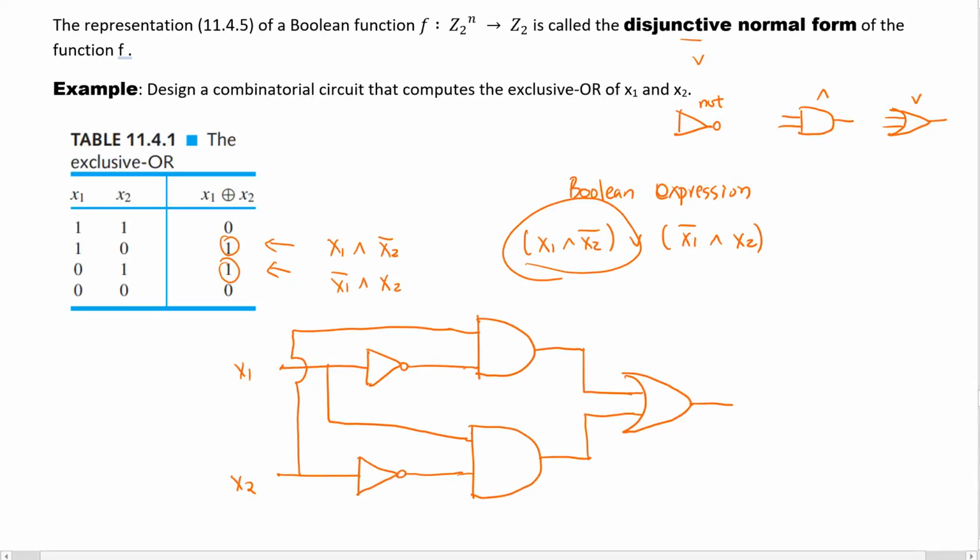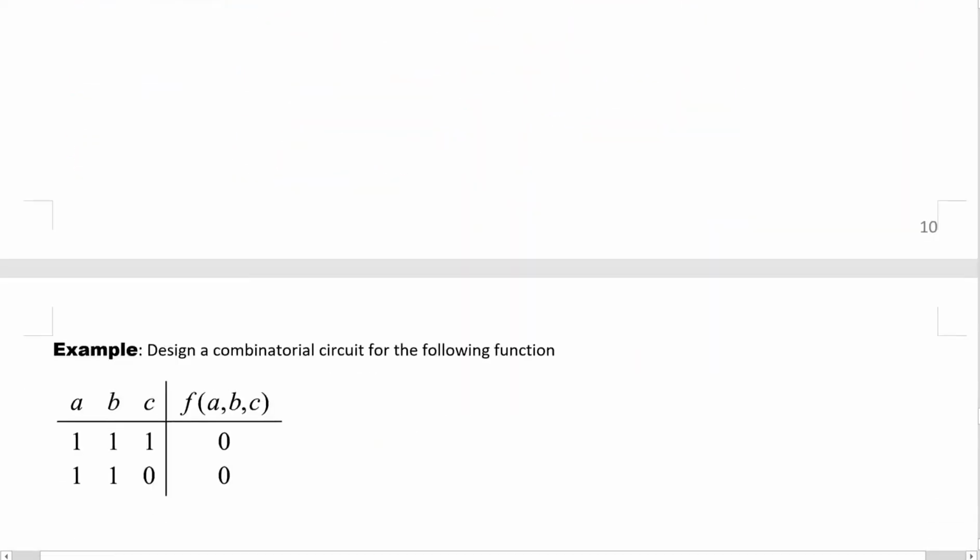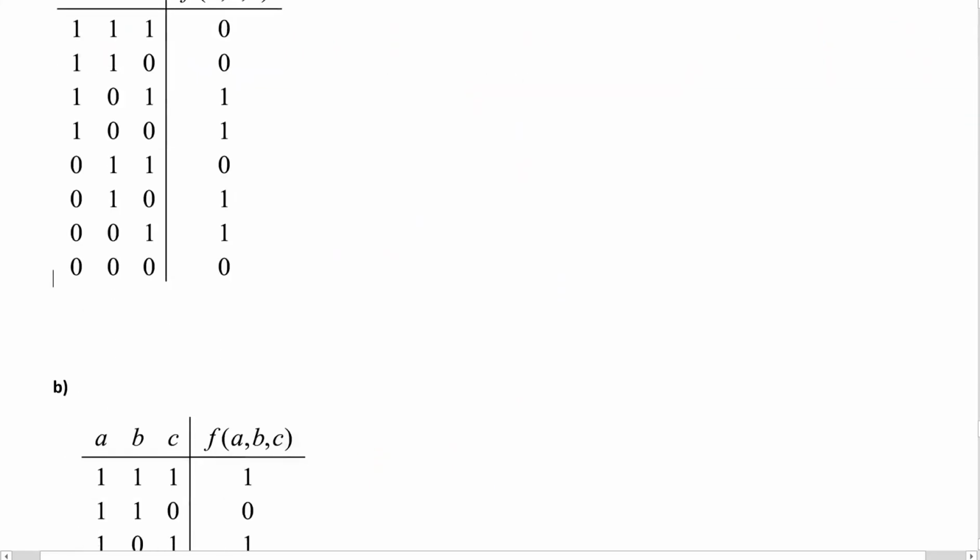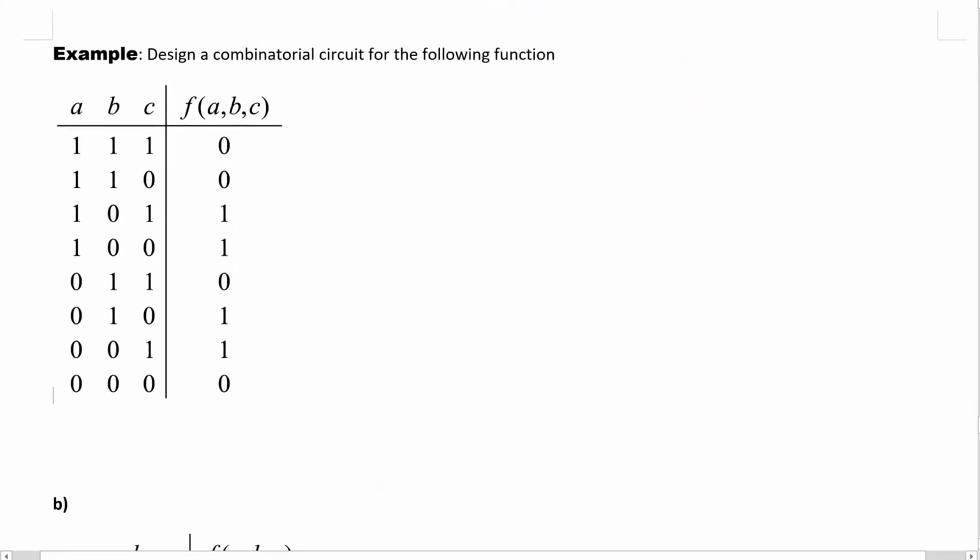Alright, let's continue. Wow, here we have 3 inputs. First, we look at the rows with the output 1. Here we have 4 of them. For each of them, let's construct a Boolean expression for that row.